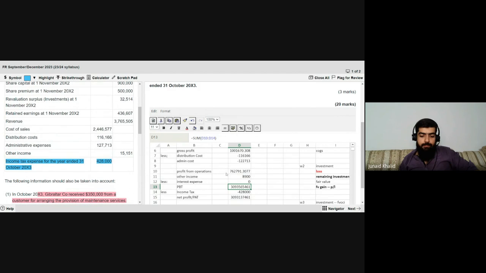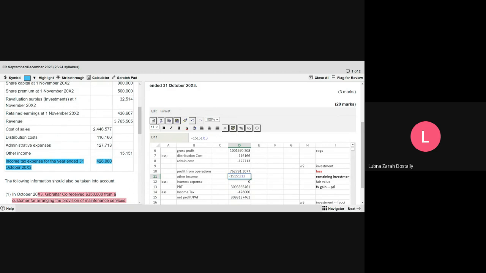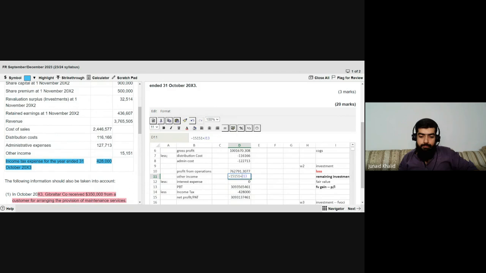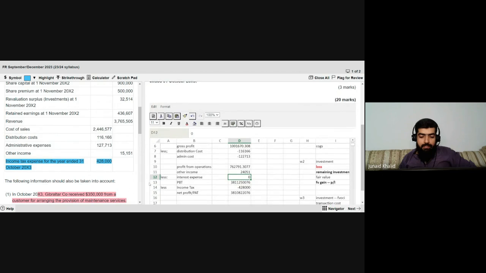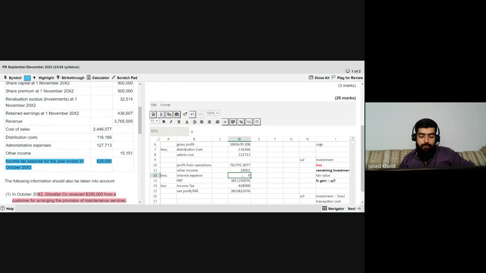One more thing, we just made an error: the other income that we have written down over here is 8,900, but we forgot to add the other income that is already given in the question, that is 15151. 15151 plus this. Are you getting this one? So that is the other income 24051, and then we have no interest expense.